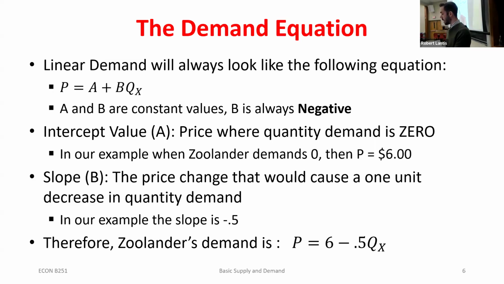What's the change in quantity? It's going up by 2. So my slope would be -1/2. If I have any 2 points on this demand curve, so we're keeping it linear, I can calculate that slope. What that slope is telling me is that in order to sell one more unit, I'm going to have to lower the price by half a dollar, or 50 cents.